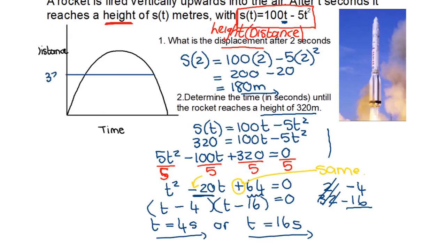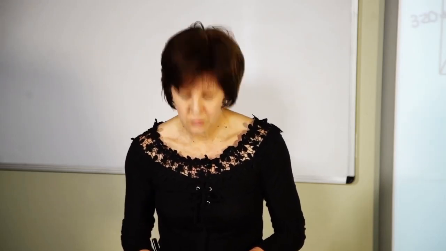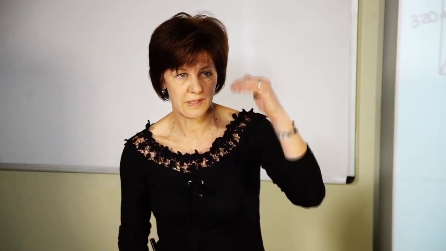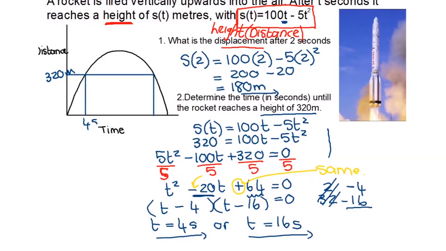So what I can see here is I actually ended up having 2 answers. And the reason for that is because the rocket on its way up, it will reach 320 meters after 4 seconds. And then on its way down, it will again pass that 320 meter height, and that will happen after 16 seconds.